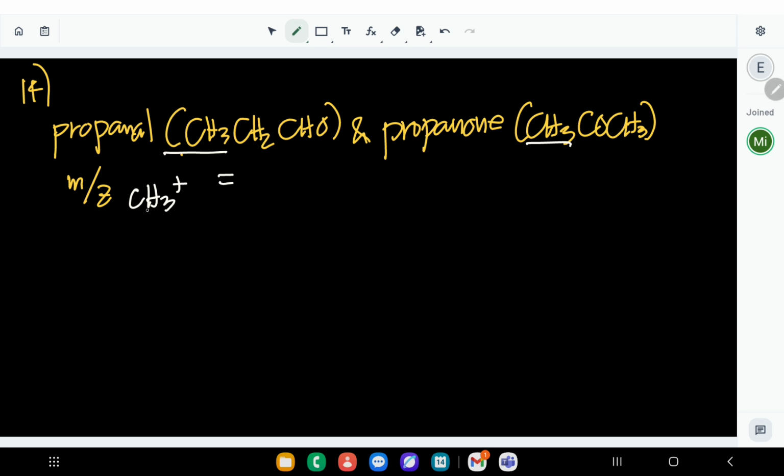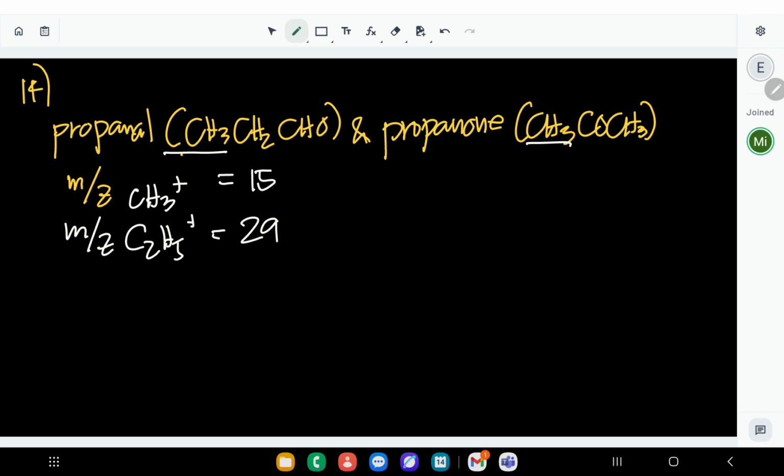Mass of carbon and hydrogen: 12 plus 3 is 15. And then for the C2H5 fragment, that is 24 plus 5, so this is 29.